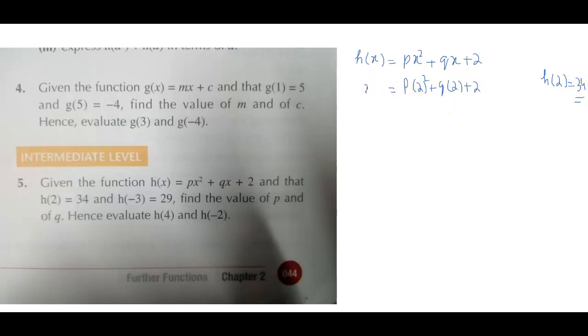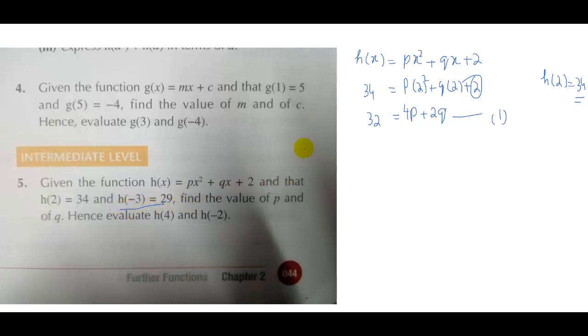So it will be 4p plus 2q. If I bring this 2 on the other side, it will be minus 2, so this will become 32. You can take 2 common from here, it is up to you. So let me call this equation number 1.